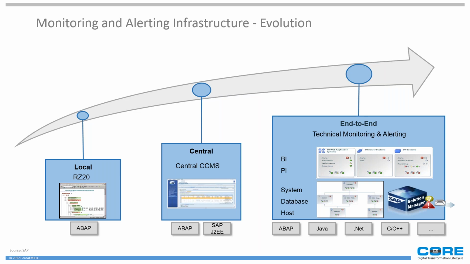You have monitoring of all the systems, from different applications: ABAP, Java, .NET, C, C++. The list goes on. There are different web engines that are available for you to monitor. You can monitor things in the cloud, as many of you are moving and consuming cloud-based applications. There are certain things that you can monitor in the cloud with different connectors. So it's vastly expanding, and it's changed quite a bit.